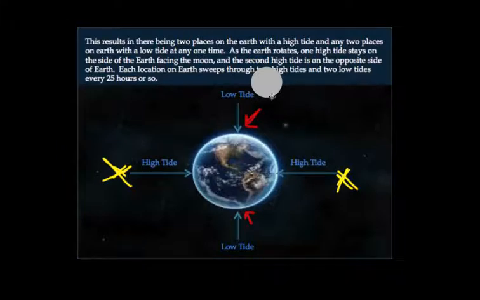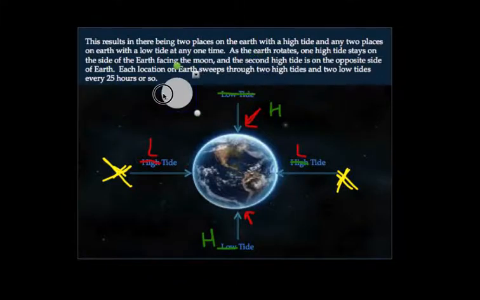In that situation, we would end up with a high tide over here, and then opposite the moon, you'd have a high tide over here. And then at 90-degree angles would be the low tide, and again the low tide.